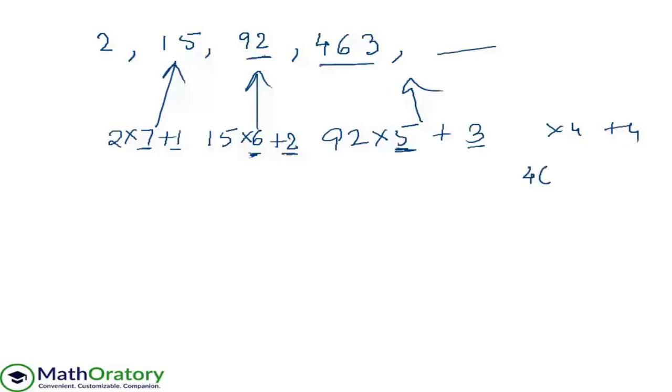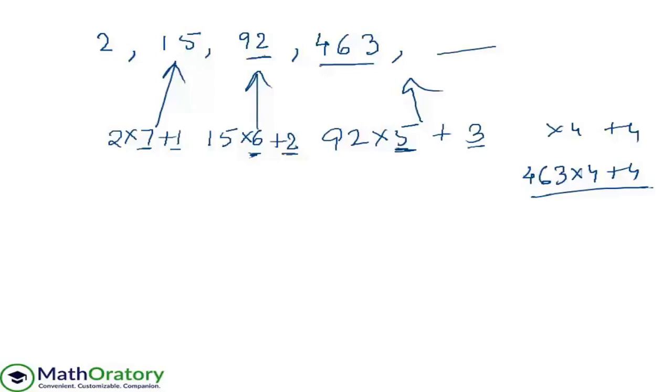So the answer will be 463 into 4 plus 4. Sometimes in these kinds of questions you will have only one option with the last digit 6, and that will work out. If you have to calculate, I would recommend doubling 463 twice.